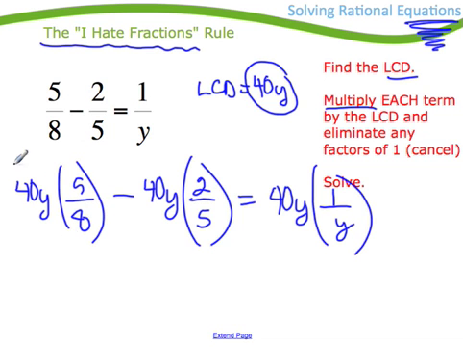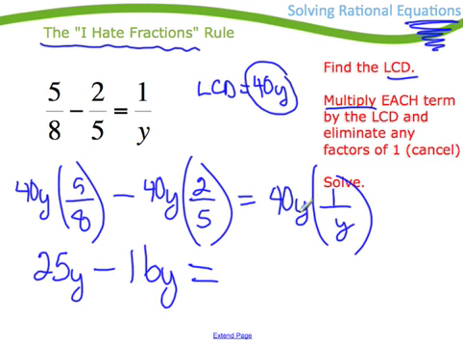Now simplify each term. 8 into 40 goes 5. 5 times 5 is 25. So this first term turns out to be just 25y. No fractions. Next one, 5 into 40 goes 8. 8 times 2 is 16. So this would be minus 16y. y divides into y, that's a common factor of 1. 40 times 1 is 40.